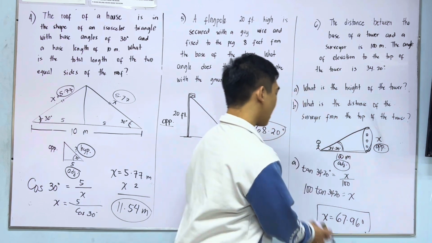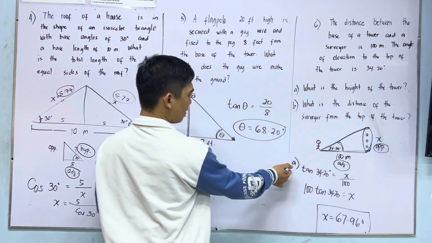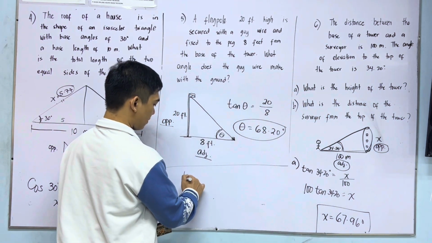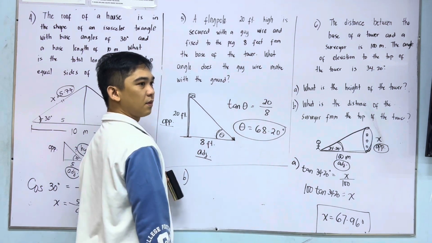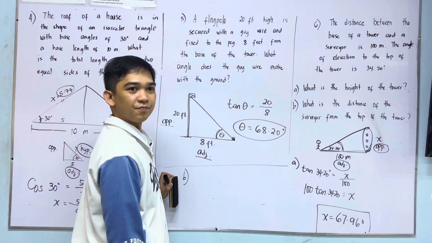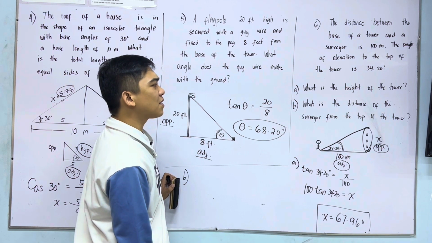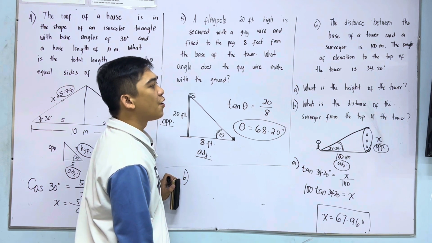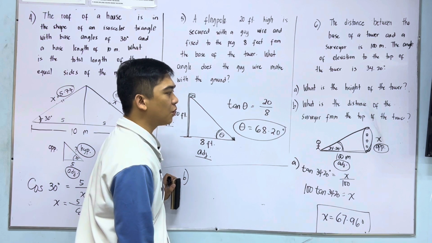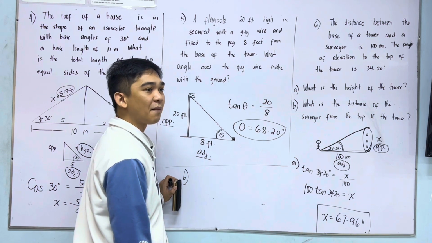67.96. Pwede yung 68 na lang. Letter B, what is the distance of the surveyor from the top of the tower? Ano naman ang hinahanap?